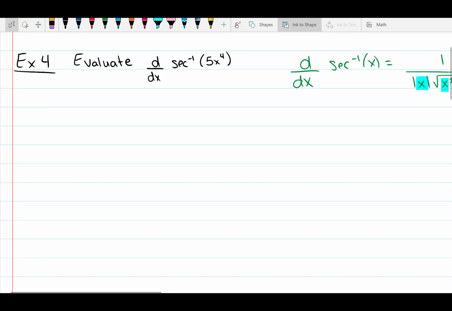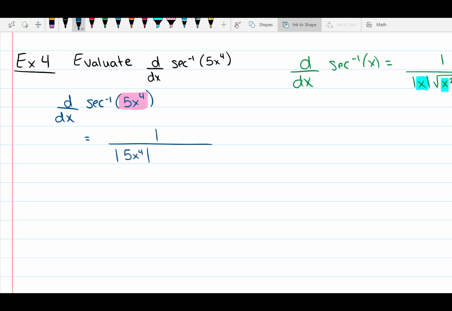So here we go. Let's take the derivative. So d dx secant inverse of 5x to the fourth. So I'm going to point out what our inside function is. It's right here, 5x to the fourth. So this is going to be equal to 1 over the absolute value of 5x to the fourth times the square root of 5x to the fourth squared minus 1.